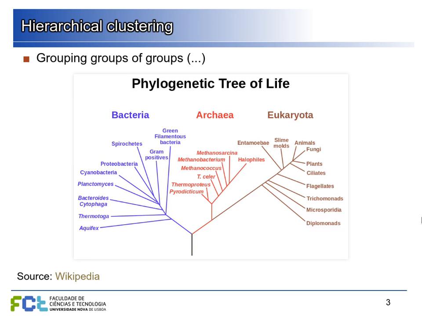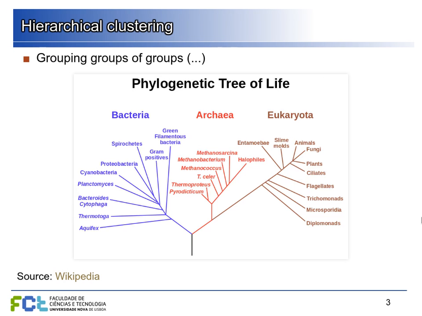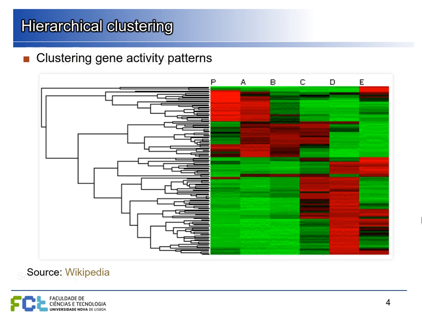So this is the basic idea of hierarchical clustering, grouping together groups. We can use them in many different examples. This would be to group together different organisms. In this case, we have different patterns of gene activity, but we are interested not only in grouping those that are very similar together, but in following up those similarities further on in this hierarchy.